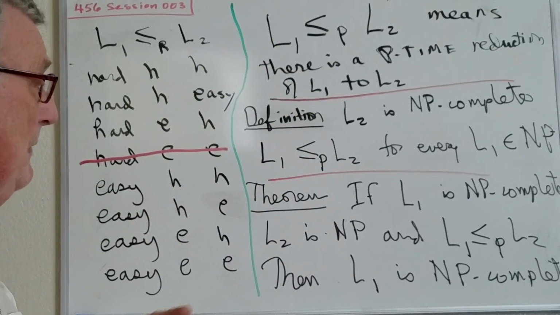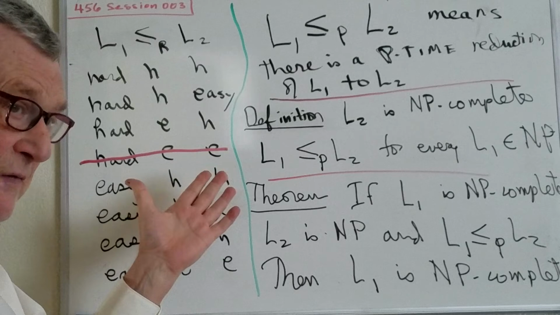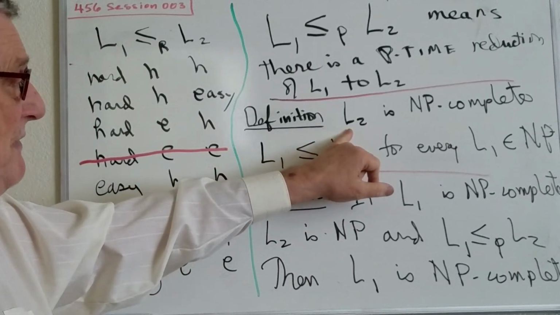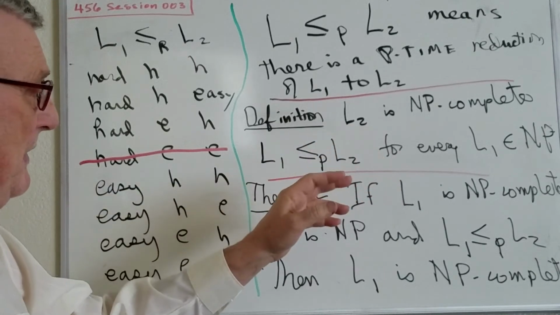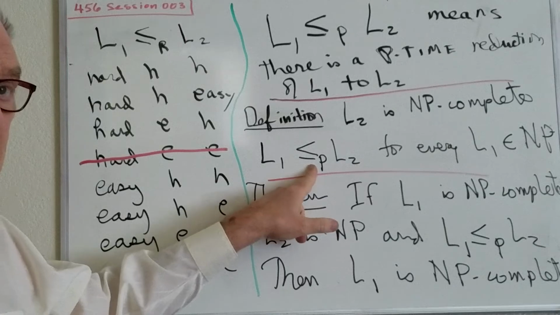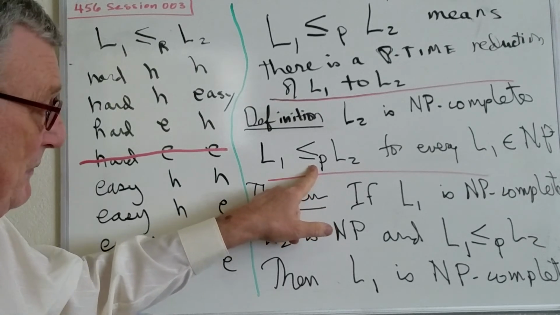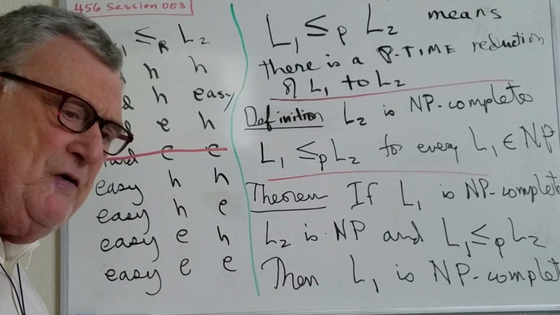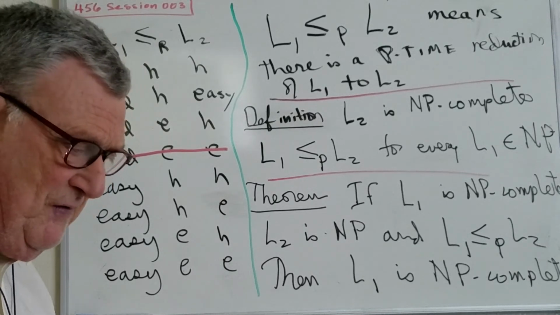All right, now, here's a definition of NP completeness. This language L2 is NP complete if every NP language can be reduced to L2 in polynomial time. So you can take that as a definition. It's an alternative definition to the other two definitions we have.